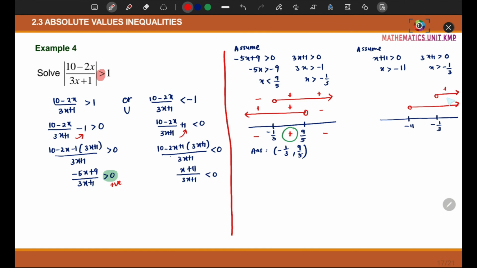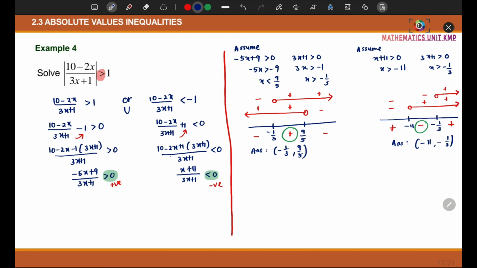So positive times positive, positive; negative times positive, negative; negative times negative, positive. Back to our rational inequality here, we want the part that is less than 0, which means the negative sign. It is in the middle, so our answer should be from negative 11 to negative 1 over 3.